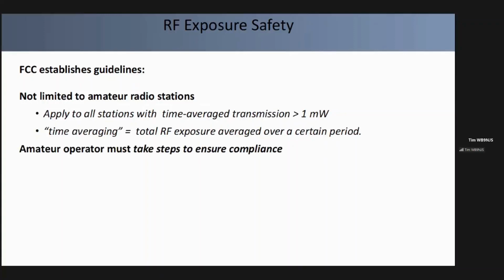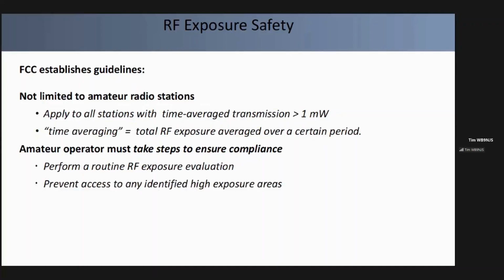So amateur operators must take steps to ensure compliance, okay? And the step that is required is to perform a routine RF exposure evaluation. That's from the question, what steps must be taken? Well, you have to perform a routine RF exposure evaluation and prevent access to any identified high exposure areas.